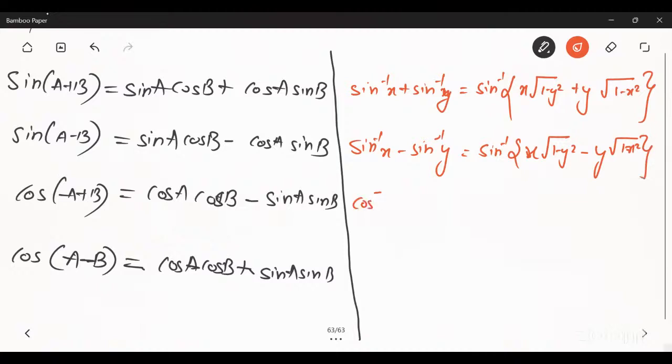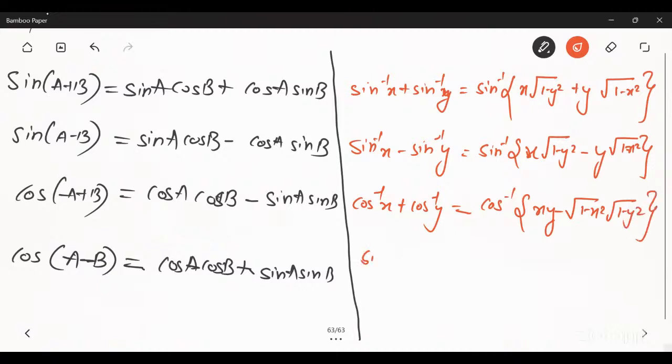Now next, cos inverse x plus cos inverse y is equal to cos inverse of xy minus under root 1 minus x square into under root 1 minus y square.